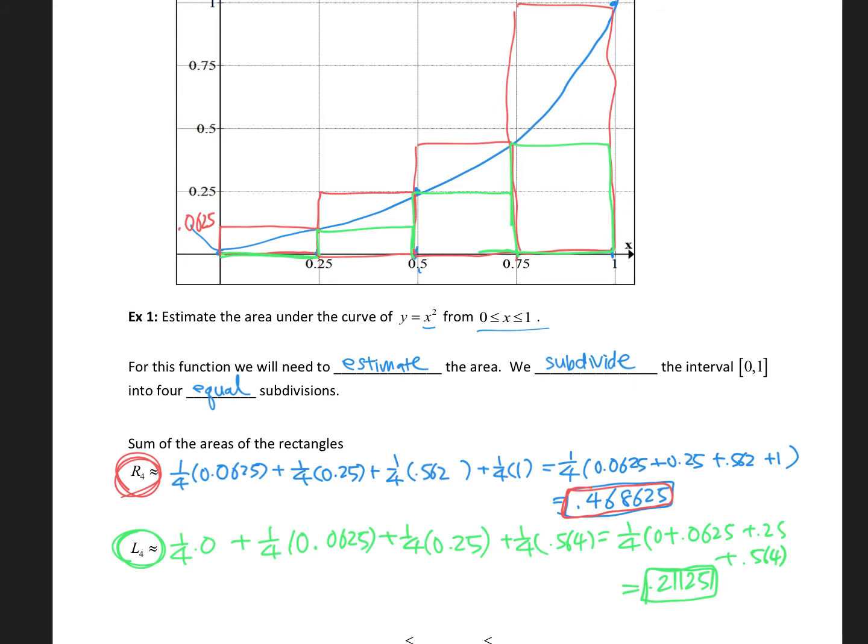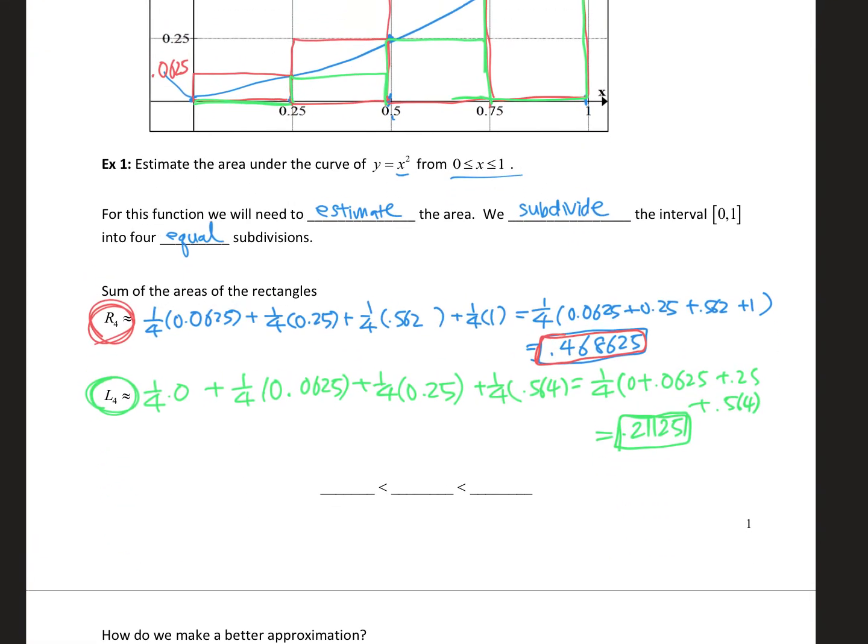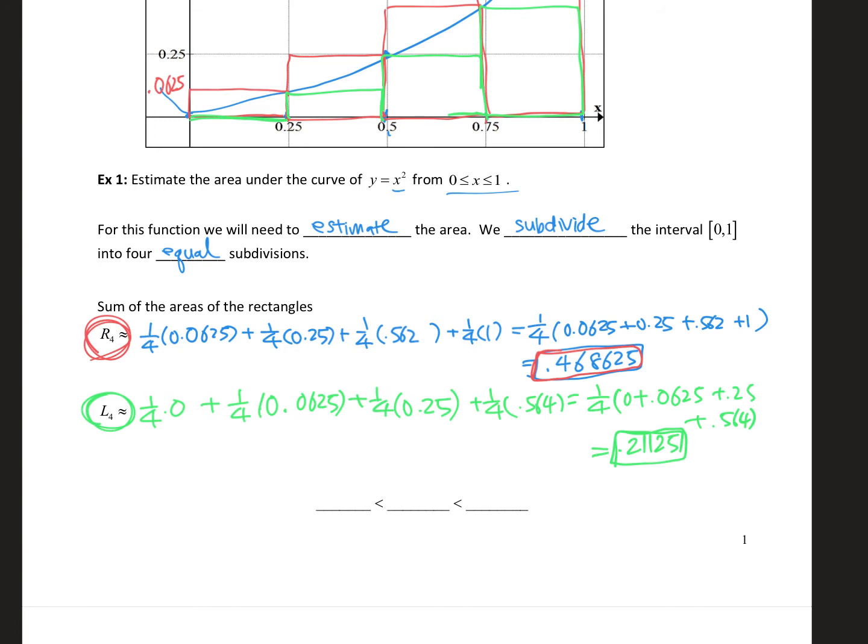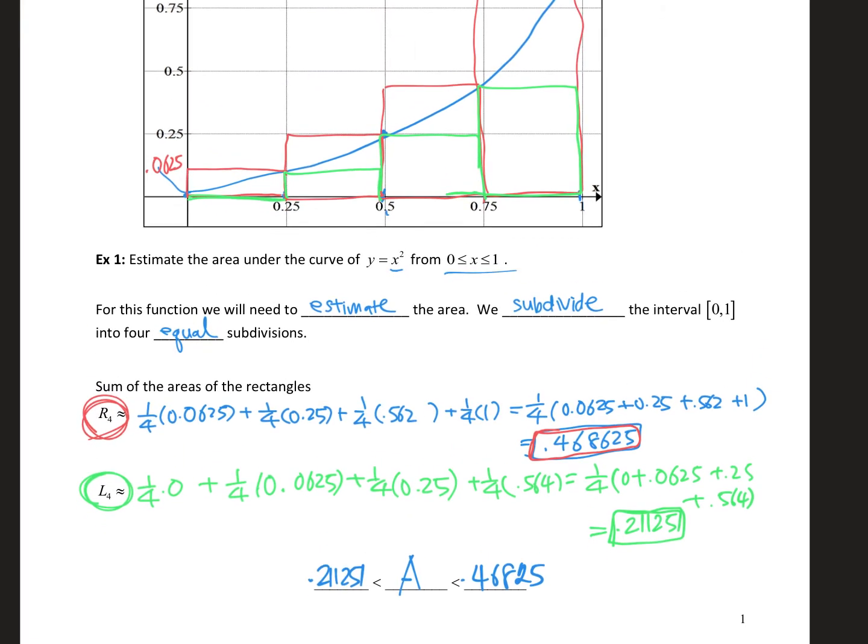From here, what can I say is that the actual area A is somewhere between, oops, the other way around, let me erase that part here, 0.21125 and 0.468625, right? So that's my estimate. It's somewhere between this number and this number. All right, so that's our estimate.